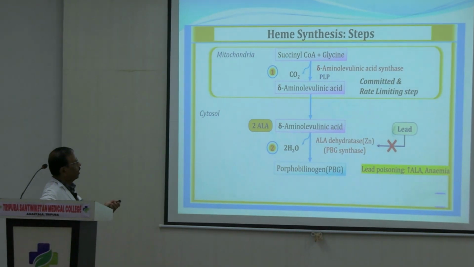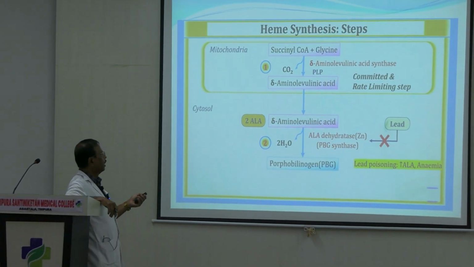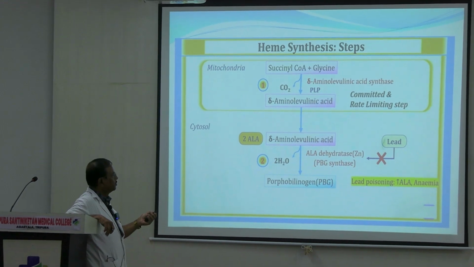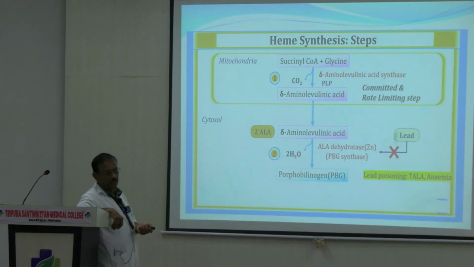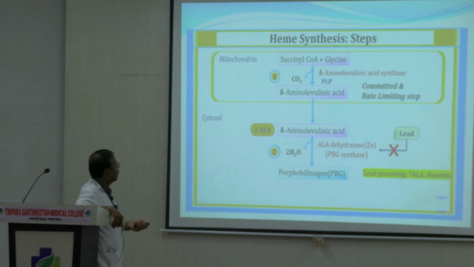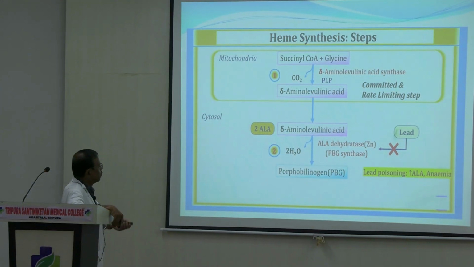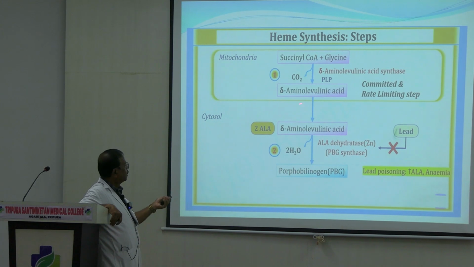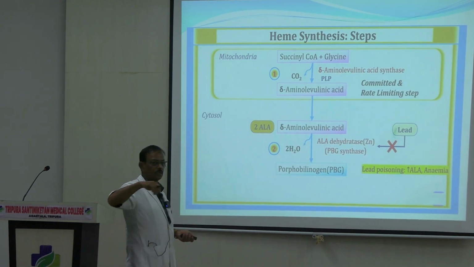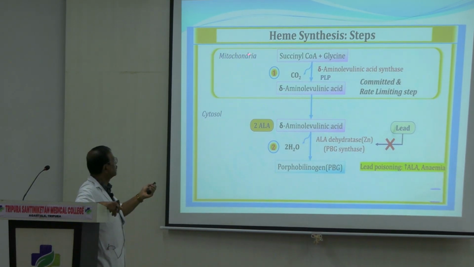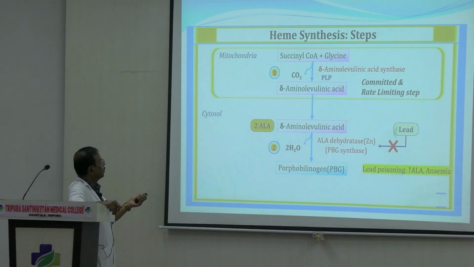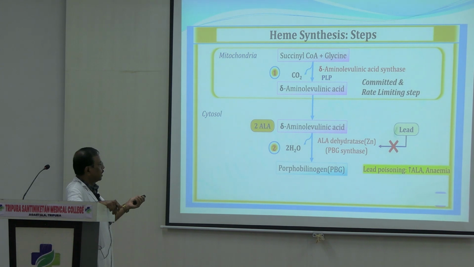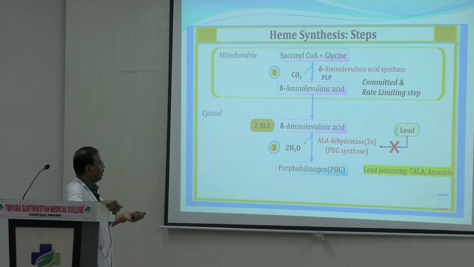This ALA synthase requires PLP as cofactor, and carbon dioxide is released, and delta aminolevulinic acid is synthesized. This occurs inside the mitochondria, the first step. Now this ALA is carried to the cytosol.